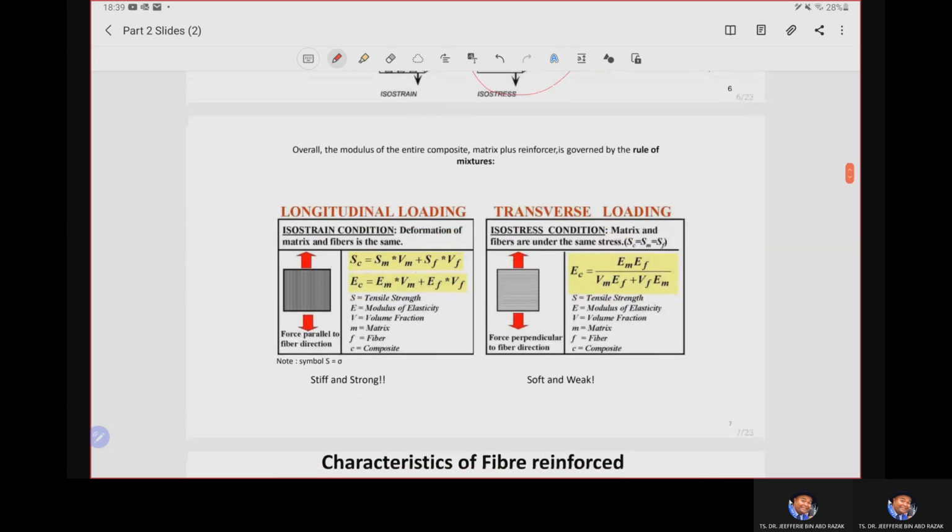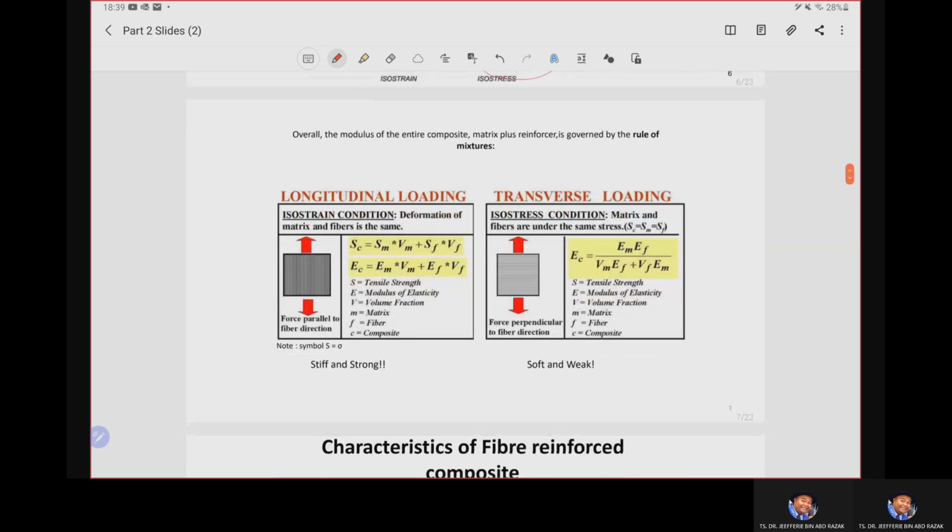This following slide is just to showcase that overall, the modulus of the entire composite, matrix and reinforcement phase, is governed by the rule of mixture, and it depends on the loading direction. At the longitudinal direction, the isostrain condition applies, where the composite is very stiff and very strong.